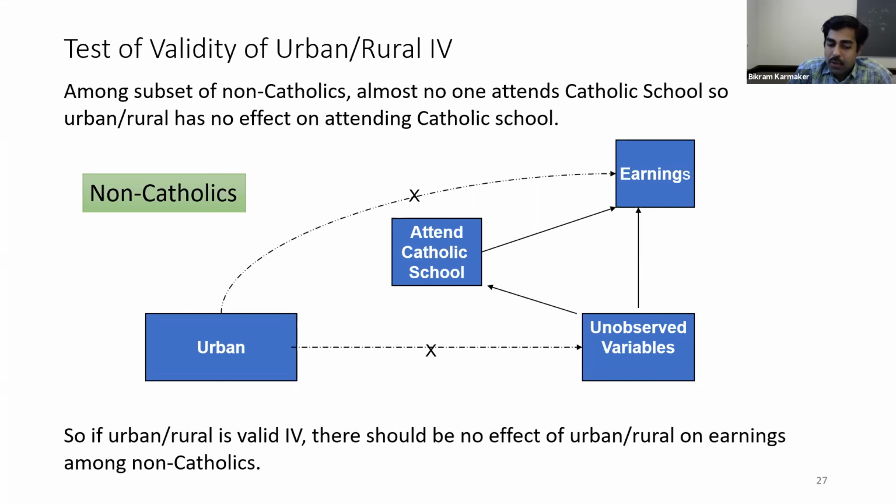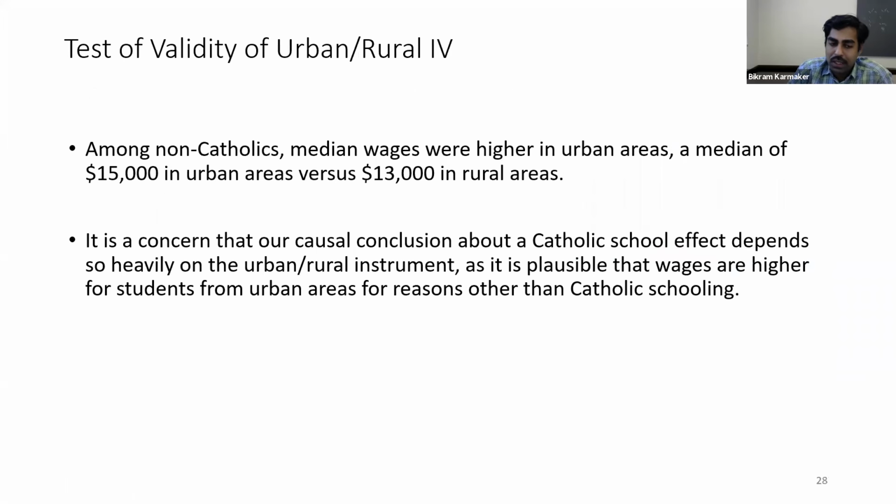So if urban rural is a valid IV, there should be no effect of urban rural on earnings among the non-Catholics. But when you look at the data, among the non-Catholics, median wages were higher in urban areas than rural areas. So it is of concern that our conclusion about the effect of Catholic schooling depends so heavily on that one instrument.